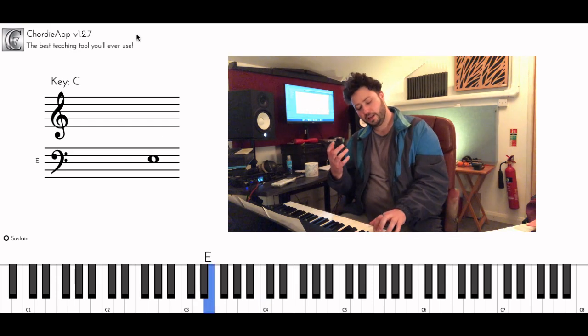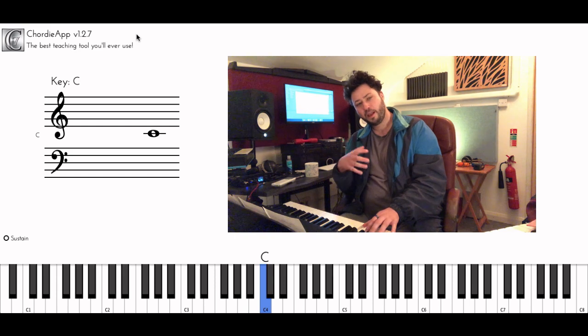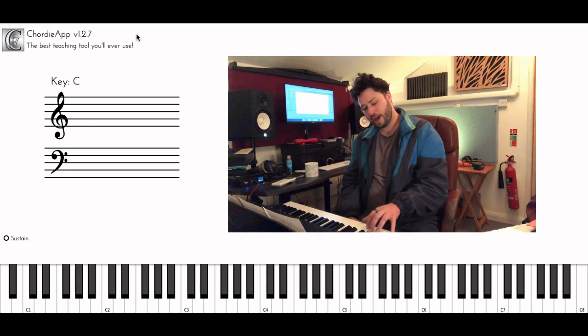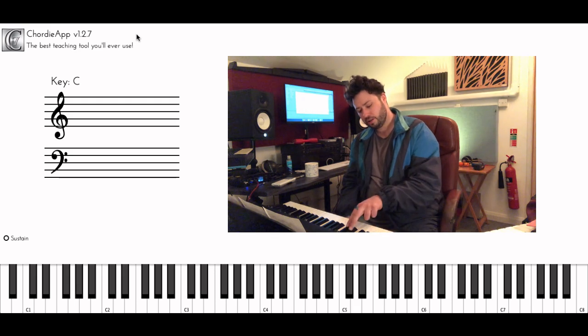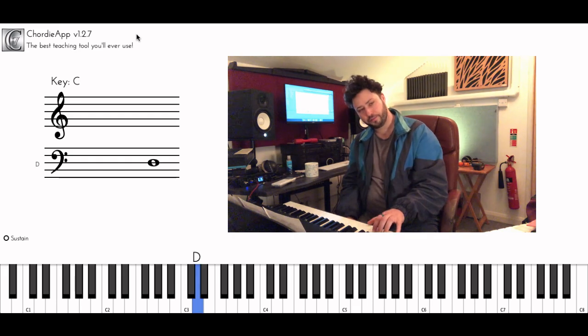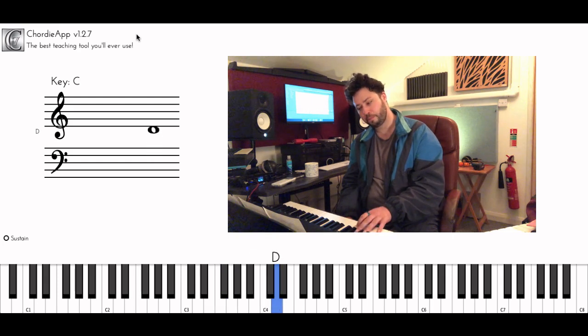So we've got D, E, F, G, A, B, C. And then something sort of special happens when we get back to this note, which is between the two black keys again. So this is D again, right? So D, E, F, G, A, B, C, D.